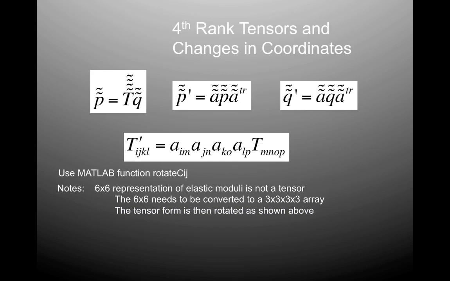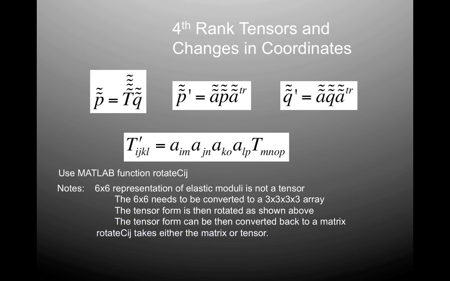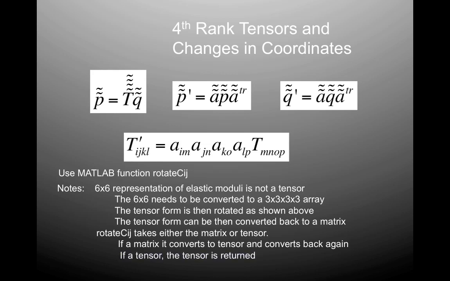The tensor form is rotated as shown above, and then the tensor form can be back converted into a matrix. rotateCij is fairly flexible. If you give it a matrix, it will convert it to a tensor, rotate, and convert back. If you give it a tensor, it will rotate the tensor and return the tensor. Within rotateCij, I have a function t2m, which converts matrices to tensors and tensors back to matrices.